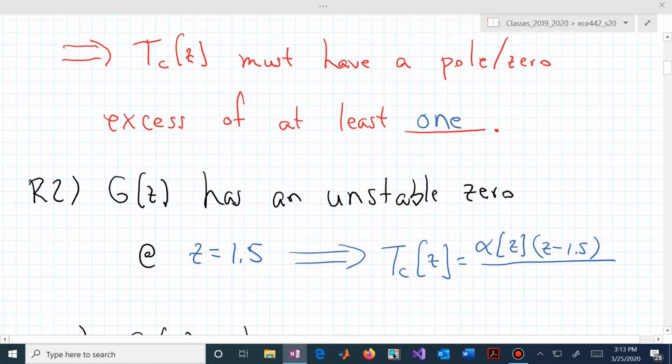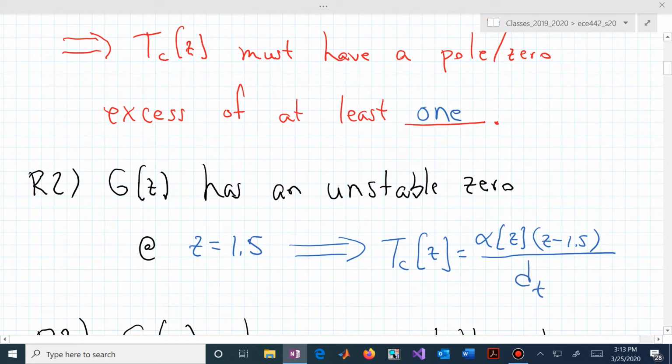And now our denominator polynomial, we have not yet decided what that's going to be. Let's just keep it at the generic definition of the denominator of T sub C of Z. That's our desired denominator polynomial.